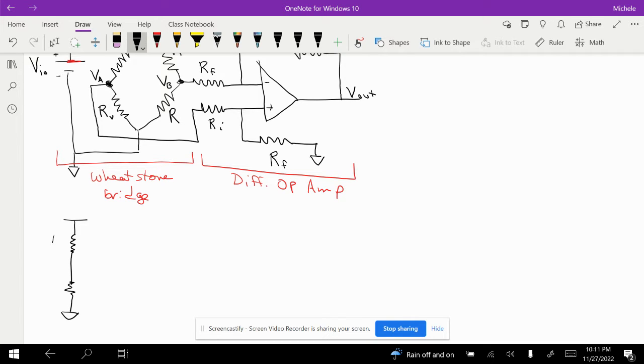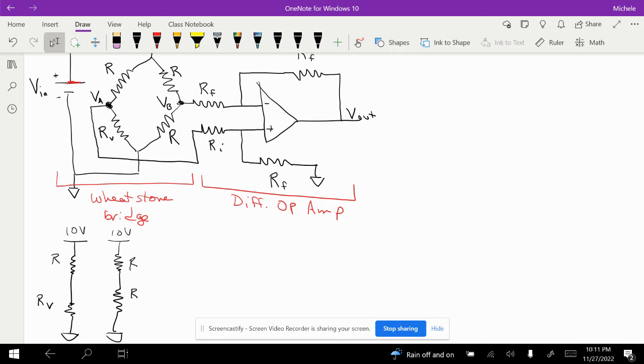So this is the left side where we have R and RV, 10 volts. And then on the right side, we have 10 volts, and we have R and R. That's really all that's happening in this diamond of resistors. We just have two voltage dividers.